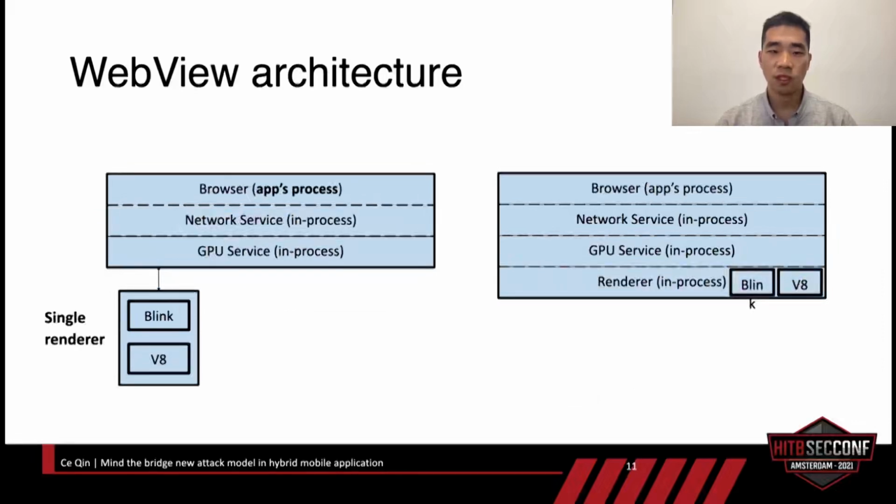WebView runs services in the browser process as Chrome for Android does, and it only has a single renderer. Before Android 9, or in the app's process, even nowadays, it is the default situation for most vendors.